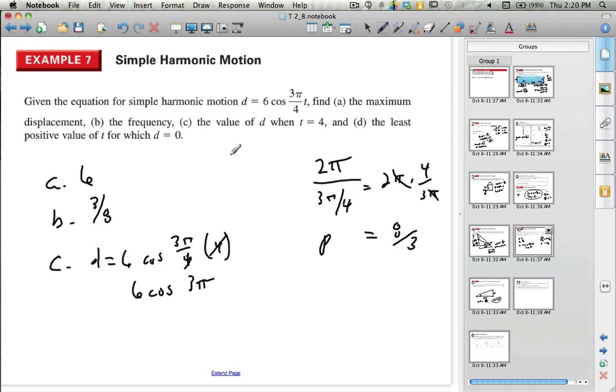Well, if you think about the cosine of 3 pi, right, 2 pi is all the way around the circle, 3 pi is one more around. Cosine is the x coordinate. That's -1, 0, so d would be equal to -1. Oh, I'm sorry, -6, because I have to multiply it times 6.